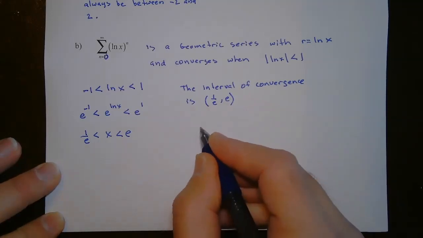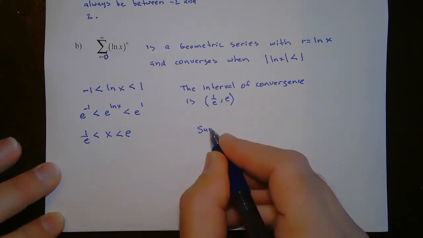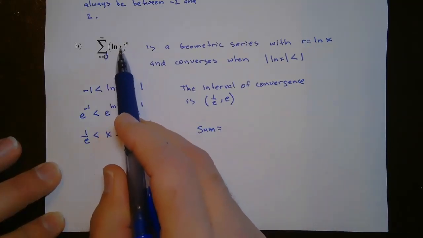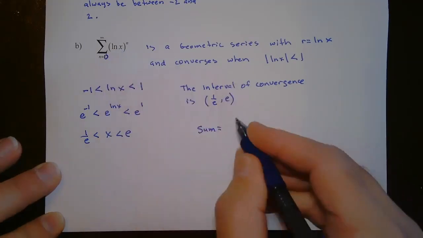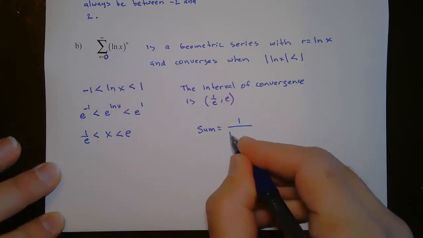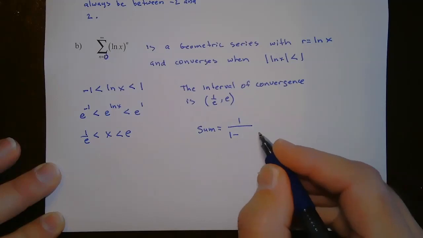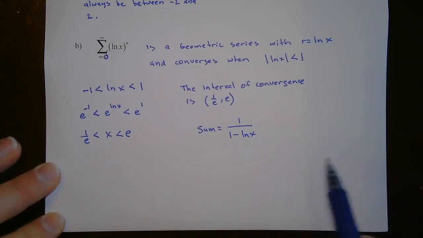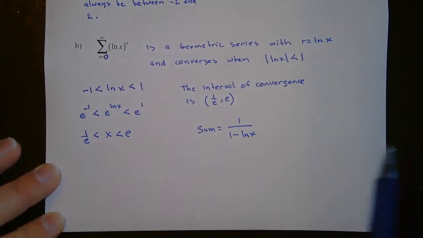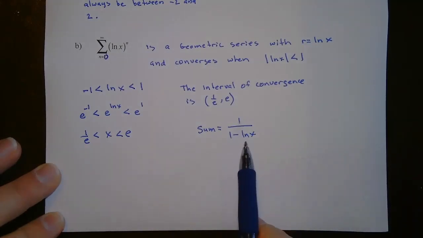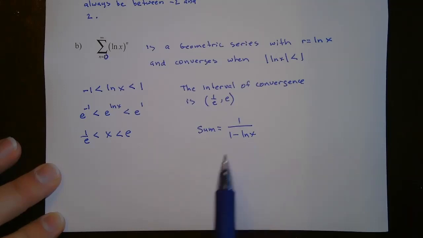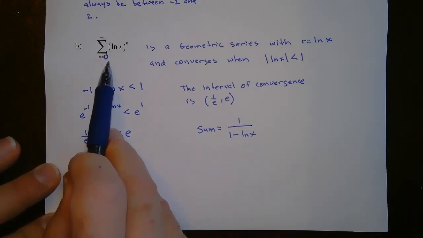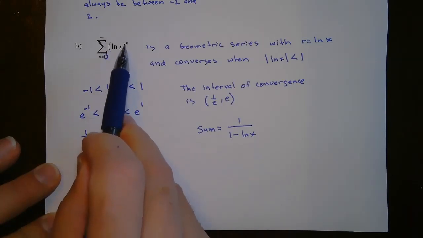What's the sum? The sum would be our first term. If we put 0 in here, natural log of x to the 0 would be 1. So it's 1 over 1 minus our r, and our r is simply the natural log of x. What does this mean? This function, 1 over 1 minus natural log of x, is exactly the same as the series starting at n equals 0 to infinity, natural log of x to the n.